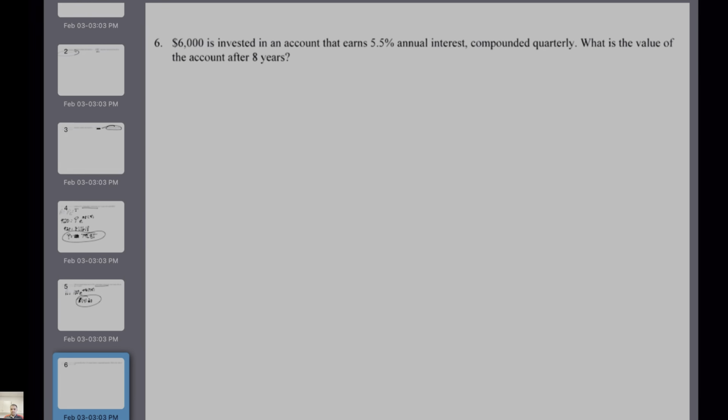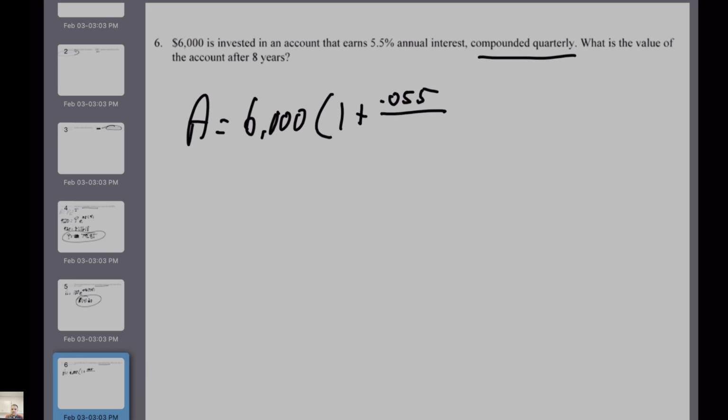Next one, $6,000 invested in an account that earns 5.5% interest compounded quarterly. So we have to use the compound interest formula. So the amount is equal to our principal times 1 plus our rate, 0.055, divided by my n value. It's quarterly, so that means 4. And then the time, and n times t.